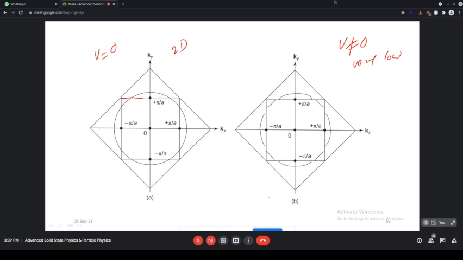This is the first zone boundary, as we know. And what is the case? This Fermi circle drawn like this is crossing the first zone boundary. Let us calculate the value of this distance. Can anybody tell me what the value of this distance will be?